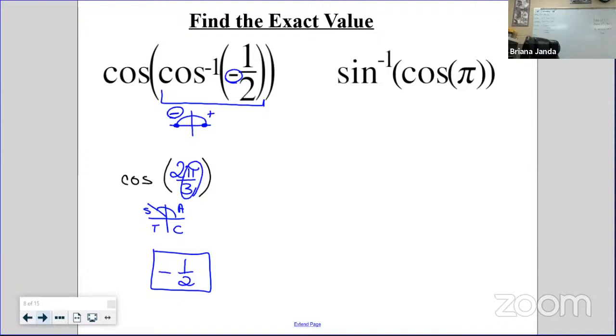Hand trick, okay. So back when we did unit circle, I would have drawn an angle of 2 pi over 3, which would have put me here. Thought through my All Students Take Calc. Cosine is negative in quadrant 2. I would have a reference angle of pi over 3. Cosine is my top fingers.